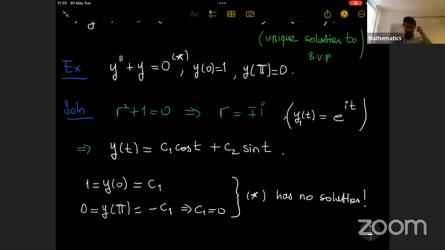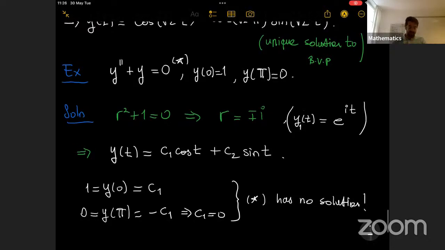So you see here the coefficients are 1, 1, and 0, which are constant functions, continuous everywhere. So the conditions of the existence uniqueness theorem are satisfied, but it doesn't guarantee the existence of the solution.